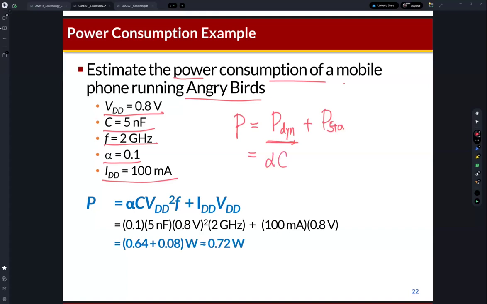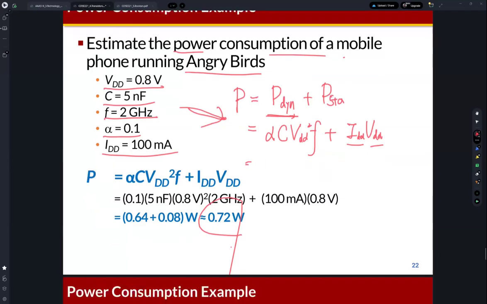So alpha C VDD square and F. This is the dynamic power consumption of a processor, and IDD and then VDD. So this is the leakage current, and then this is VDD. Just apply these numbers, and then we can calculate the total power consumption of this software, Angry Birds running on a certain mobile processor.